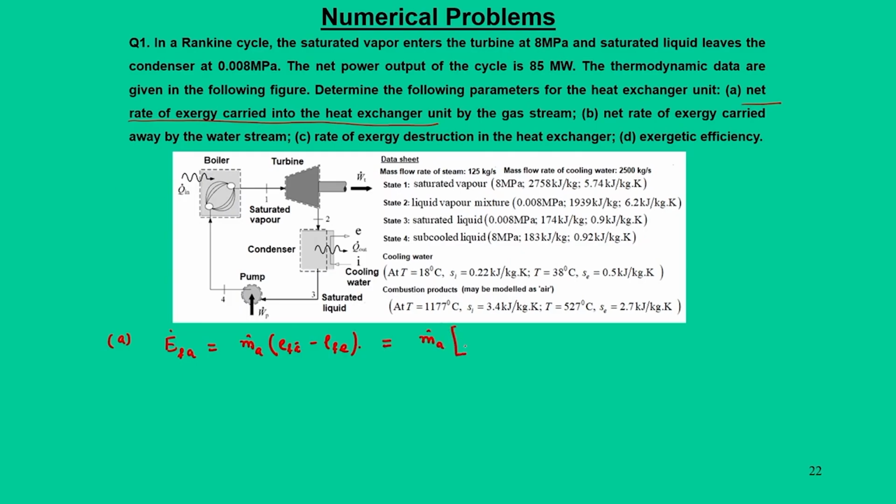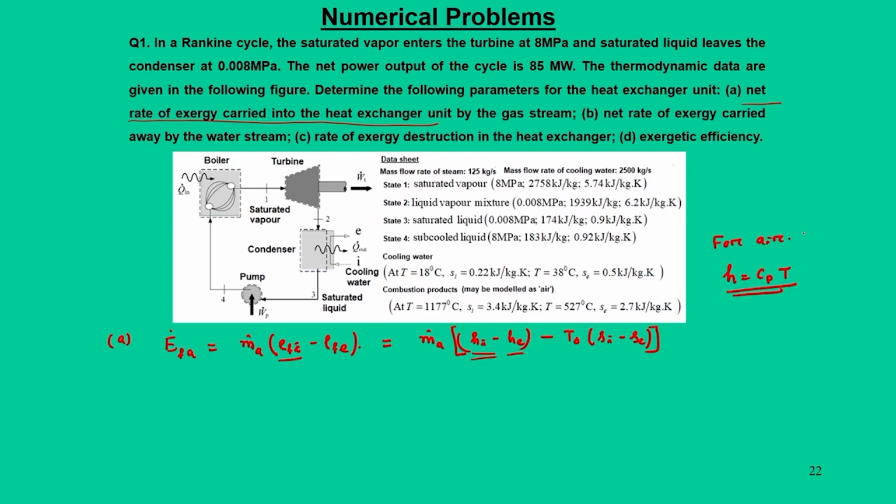We can recall our expression for the specific exergy at inlet and outlet, that can be written as H I minus H E minus T 0 into S I minus S E. Since we can model the enthalpy for air, we can write H as C P times T for air.